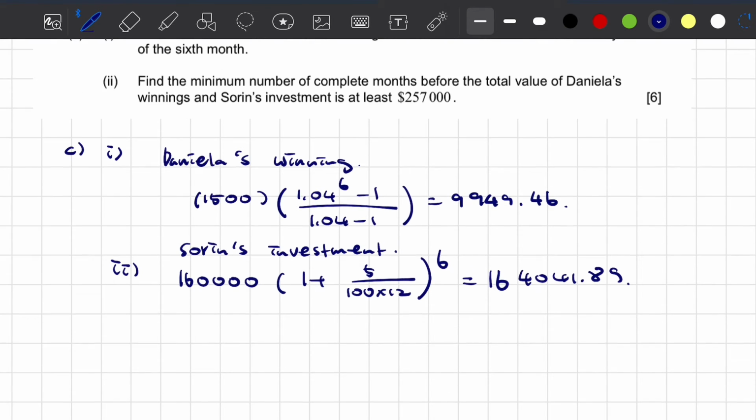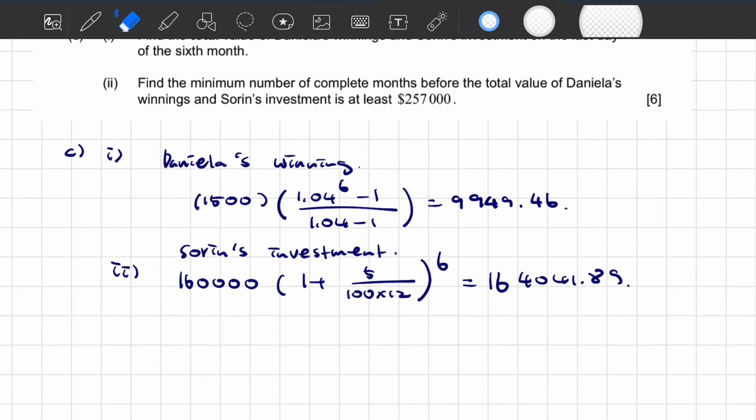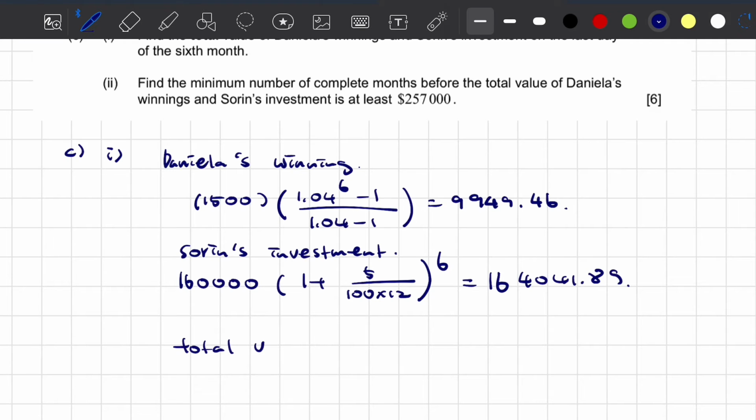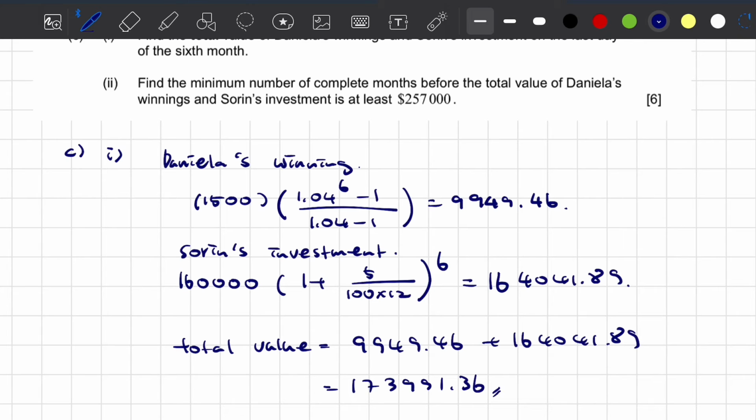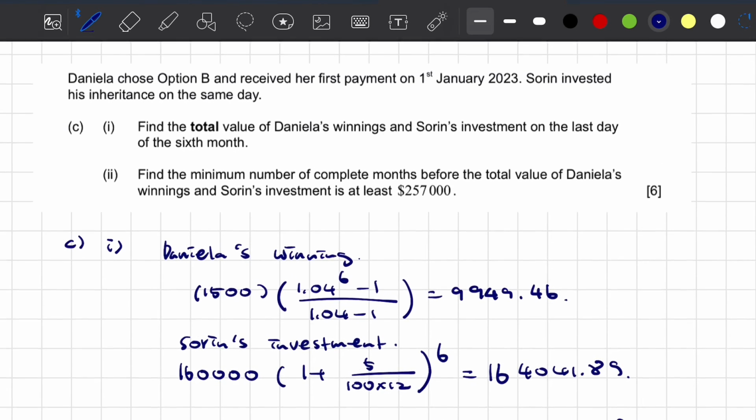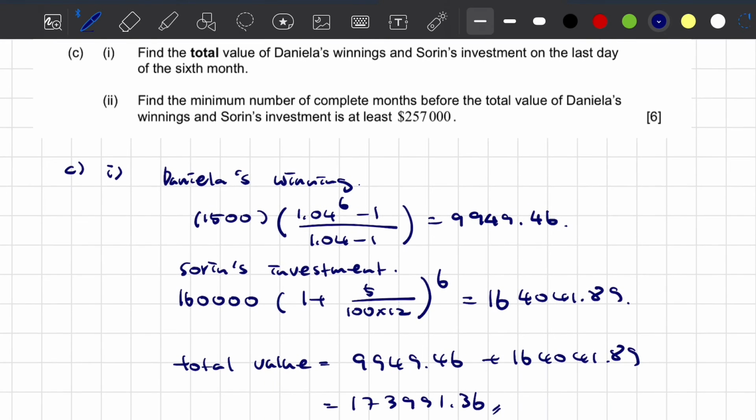Then the total value is 9,949.46 plus 16,041.89, so we get about this much money at the end. Also, don't forget that for CI, we have to leave our final answer in 2 decimal places, right?